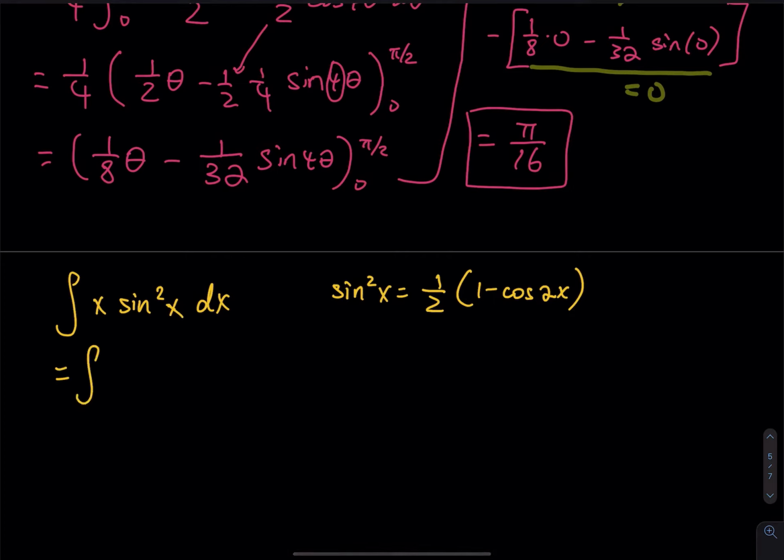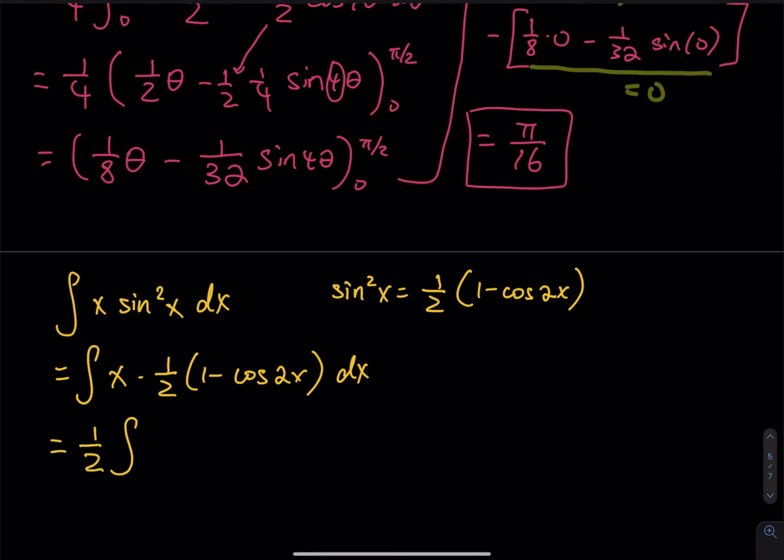We have the integral of x times 1/2, 1 minus cosine of 2x dx. And then we can factor out the 1/2, and distribute the x. Let's do that simultaneously, so we don't need to write another line. So that will be 1/2 times the integral of x minus x times cosine of 2x dx.